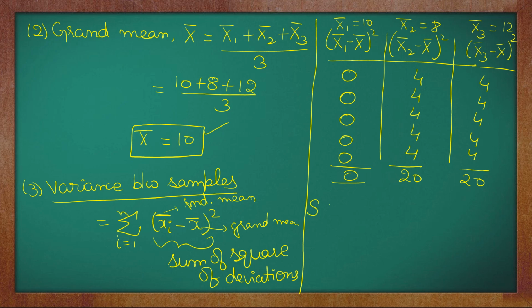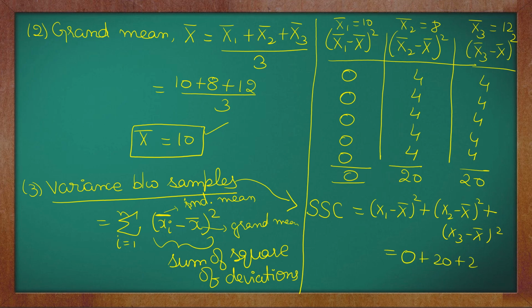So guys, you will calculate SSC, which is x1 bar minus x bar whole square plus x2 bar minus x bar whole square plus x3 bar minus x bar whole square, which is 0 plus 20 plus 20. This is 40. But what is SSC? I have already discussed it here: sum of squares between samples.